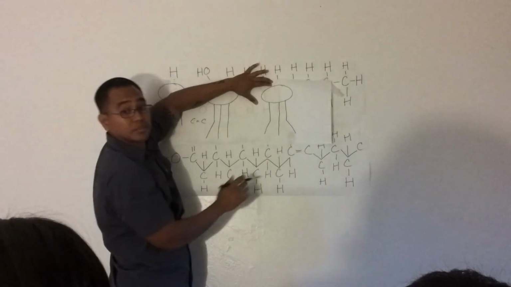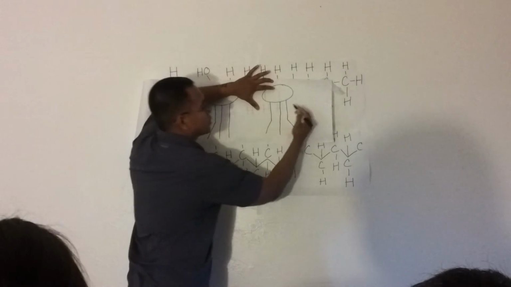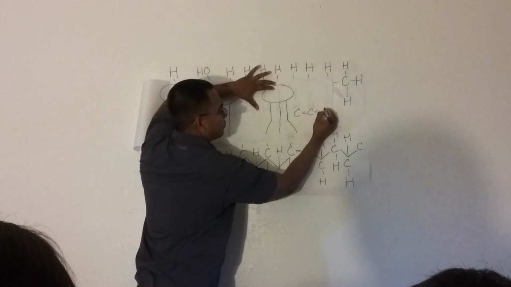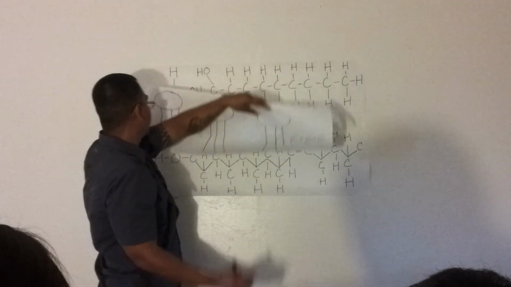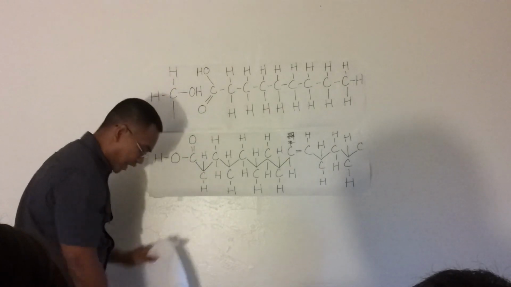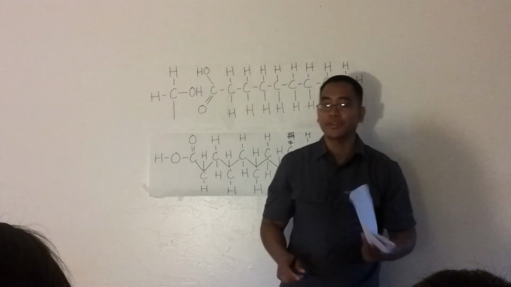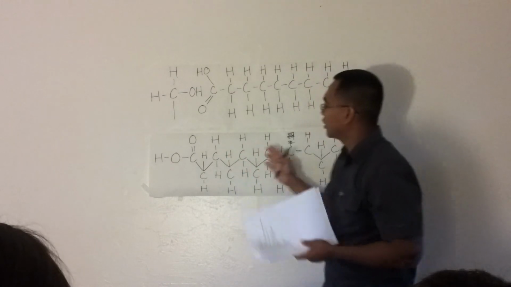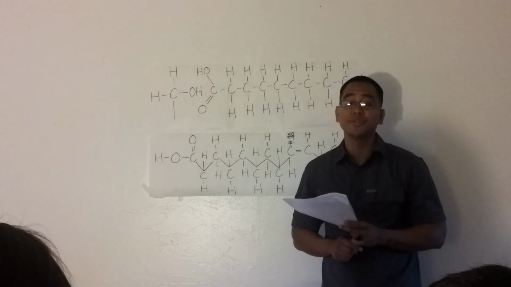So you have two kinks. So if you're reading about fat literature, it's common to see this right here. That just means polyunsaturated. So when you read a food label, make sure you check saturated versus unsaturated fat.